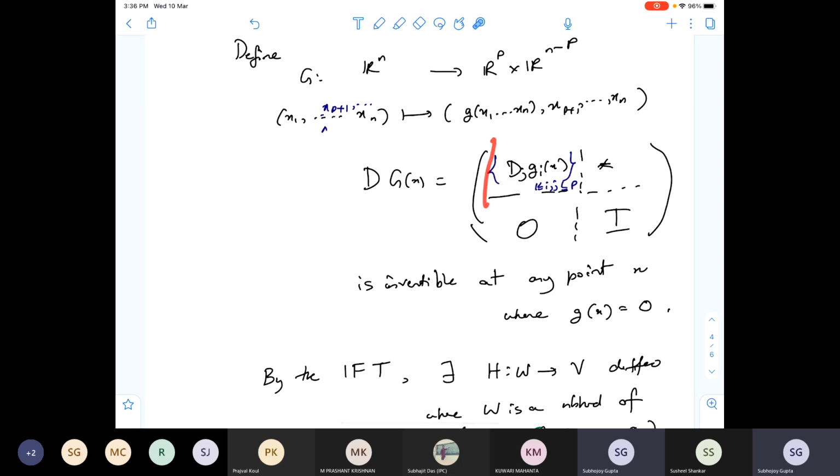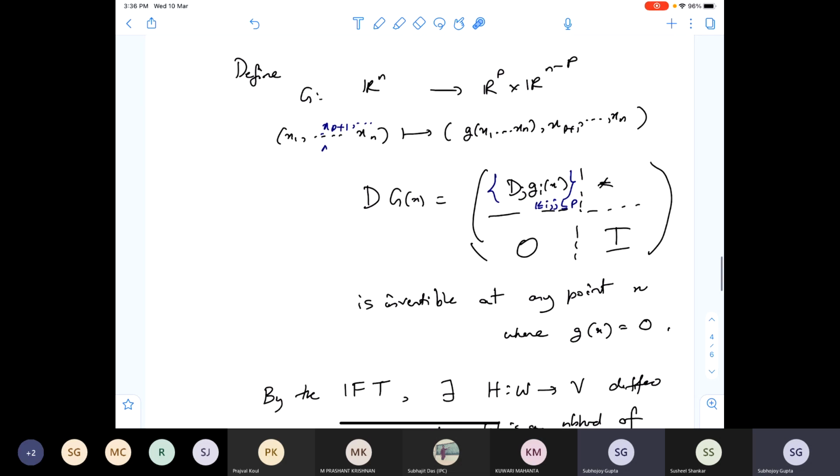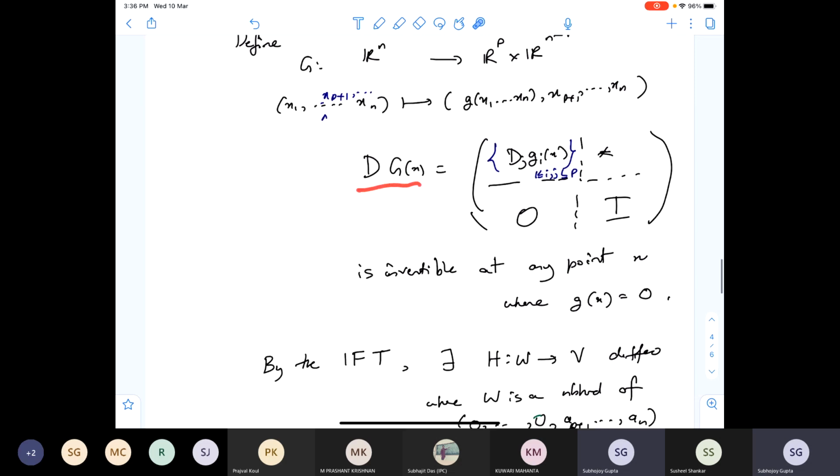So everything depends on this part being invertible, and that is guaranteed by assumption whenever g of x is equal to 0. Remember, on the pre-image of 0, you have this property of this part being invertible. So now at least we have a map where we can apply the inverse function theorem, because this is going from Rn to Rn.